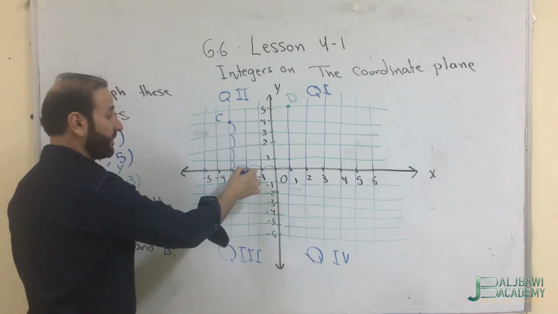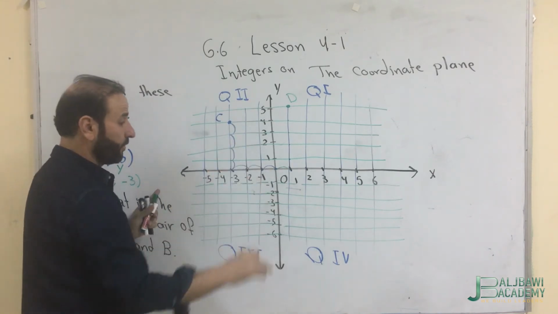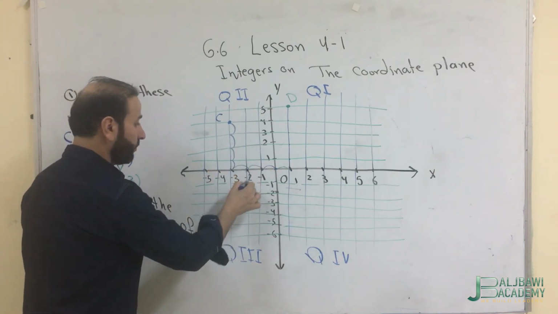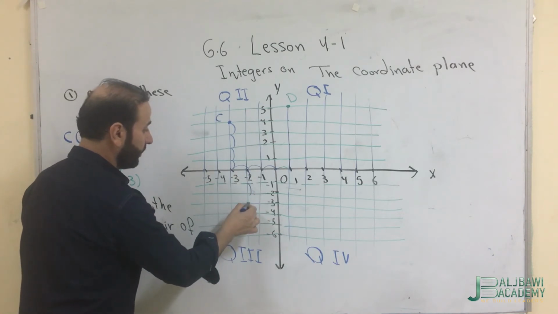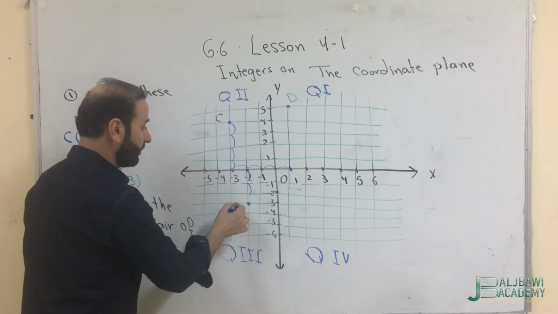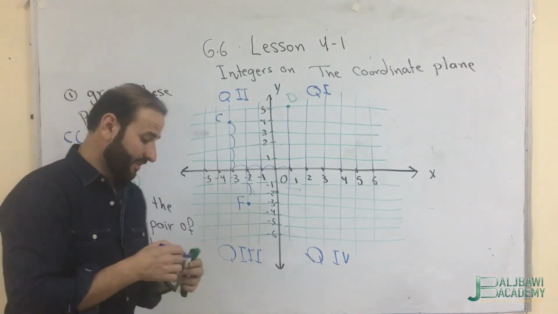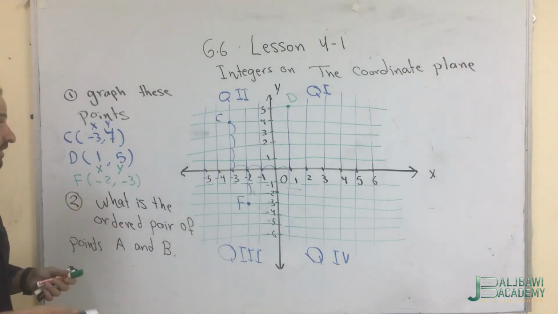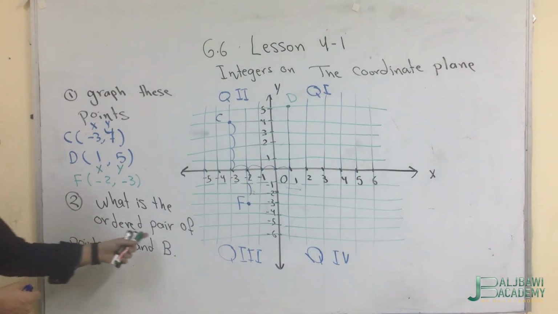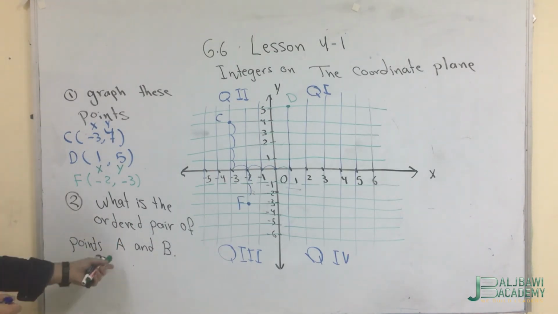Now the y coordinate is -3, so I go down 3 units. 1, 2, 3. Here I put a dot and I label F. That's it.